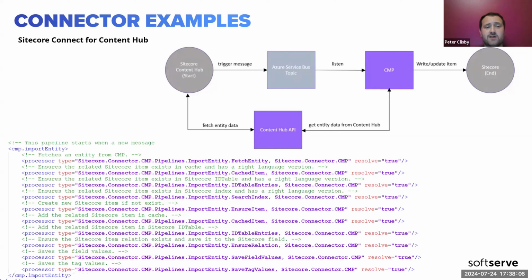So if you override them, if you want to add another processor to that pipeline, you would use the Web Client SDK, and that is then calling back to Content Hub using the API via the Web Client SDK in order to get the full detail of the entity, and it then writes that data to the database in Sitecore.